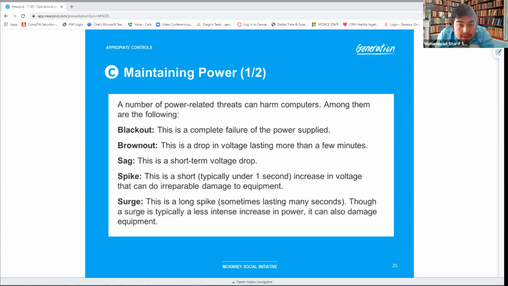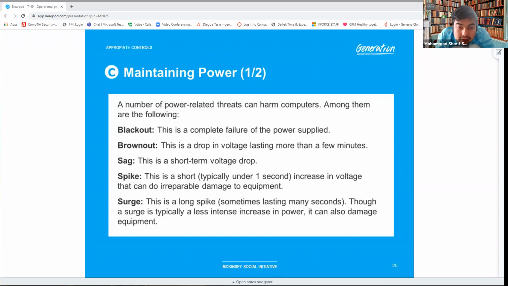Maintaining power. A number of power-related threats can harm computers. Among them are the following. Blackout. This is a complete failure of the power supply. Brownout. This is a drop in voltage lasting more than a few minutes. Sag. This is a short-term voltage drop. Spike.